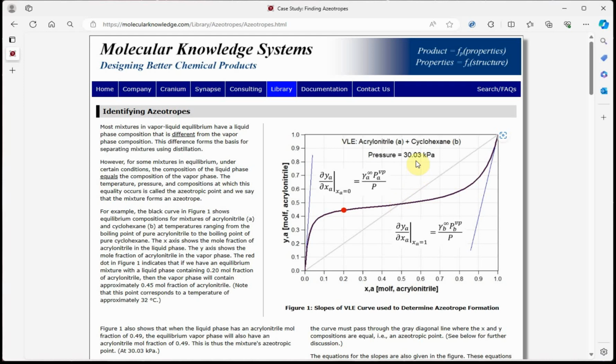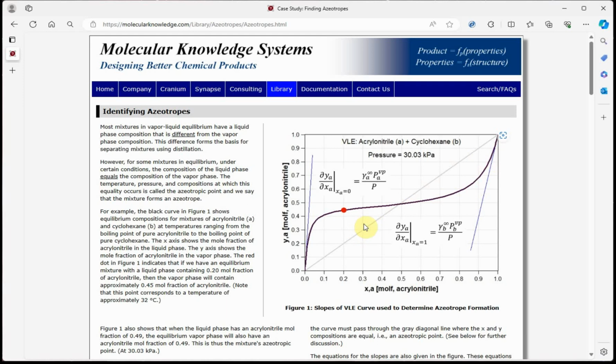We also see that the slopes of the equilibrium curve at the limits of pure cyclohexane and pure acrylonitrile are both greater than 1. This means that the values on the equilibrium curve start and end on opposite sides of the 45-degree line, which has a slope of 1.